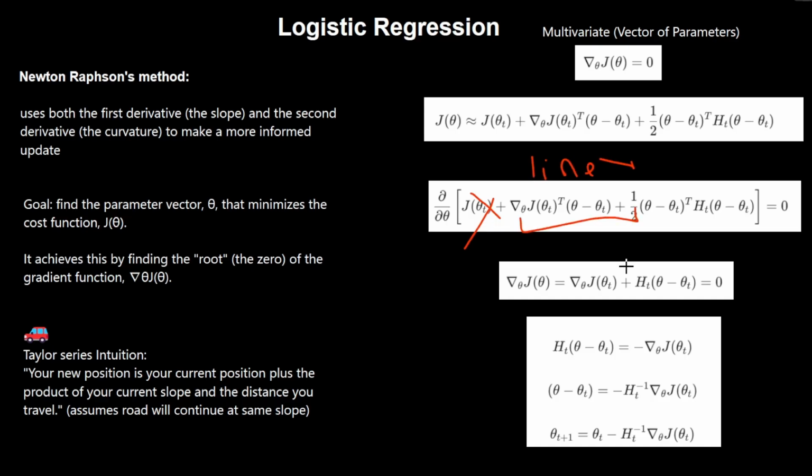This term is linear with respect to our variable theta. So this is of the form A transpose x, where A is the vector, A transpose is the transpose, and x is the variable. The derivative of A transpose x is just the coefficient, which is this A. So we'll get this A as it is.